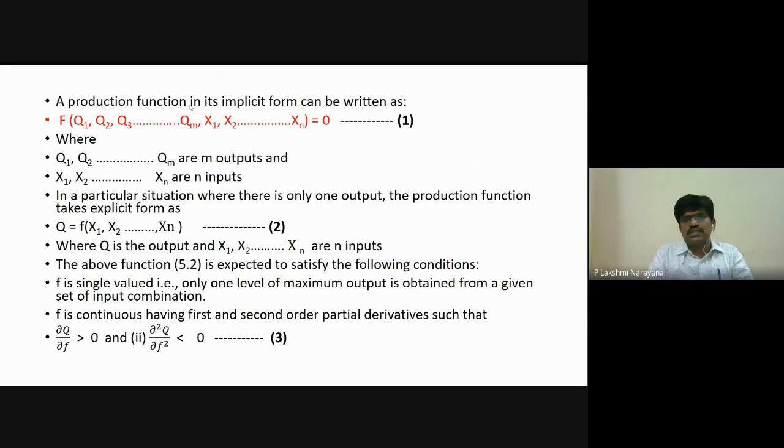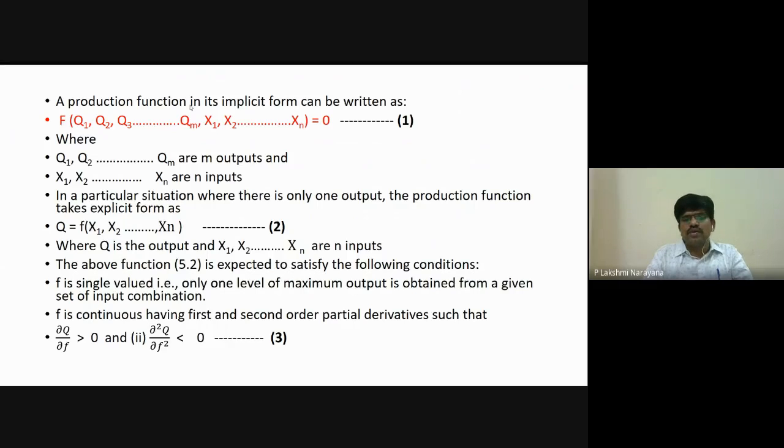A production function in its implicit form can be written as f(q1, q2, q3, ..., qm, x1, x2, ..., xn) = 0, where q1, q2, ..., qm are the m outputs and x1, x2, ..., xn are n inputs.